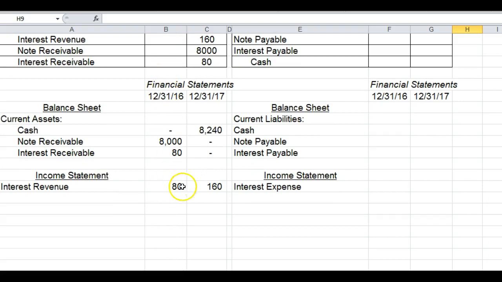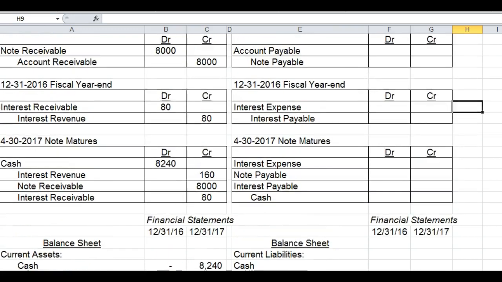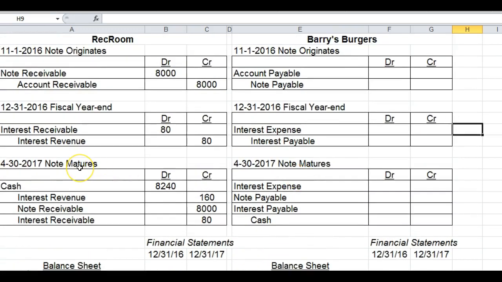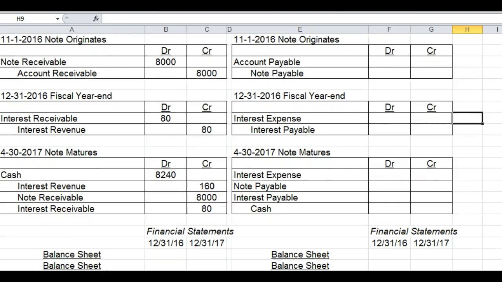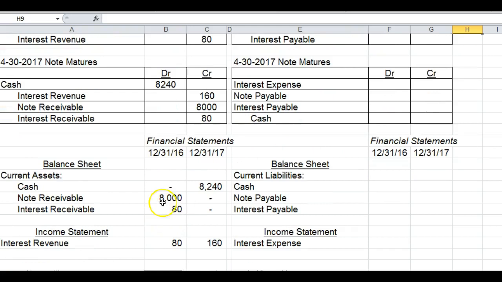Now let's go look and refresh our memory of the entry for April 30th in 2017. In 2017, we earned 4 months interest revenue, so we record that. Now, also, if we look at the balance sheet, we had an $8,000 note receivable, but after we collect that in full in 2017, we won't have a balance.